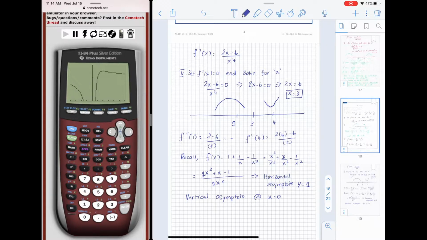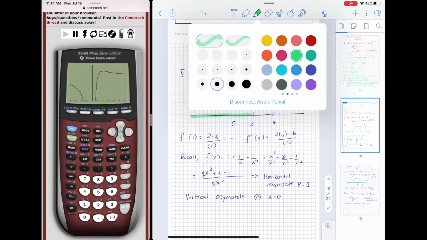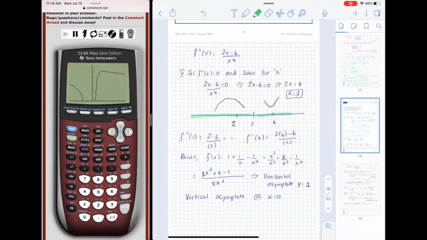So you can see that the curve is going up, and it's concave down, which is carried from that part all the way up to that part. But at about 3, the shape changes and it's going toward the asymptote. So it changes direction from concave up to concave down over here.